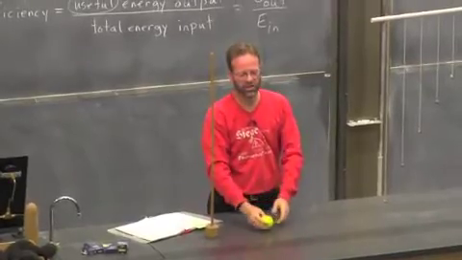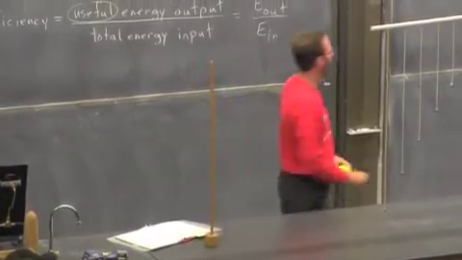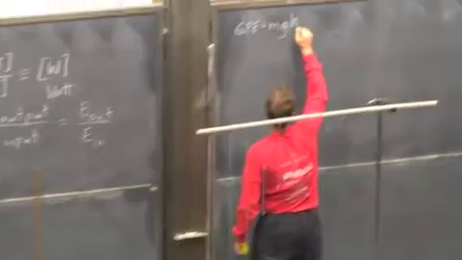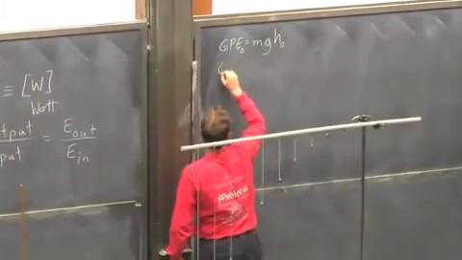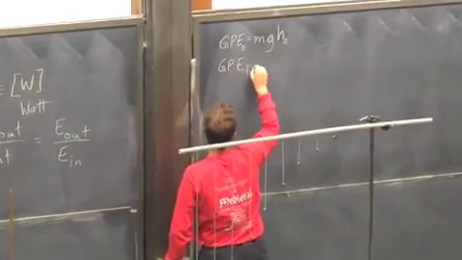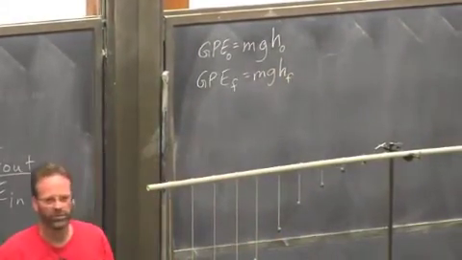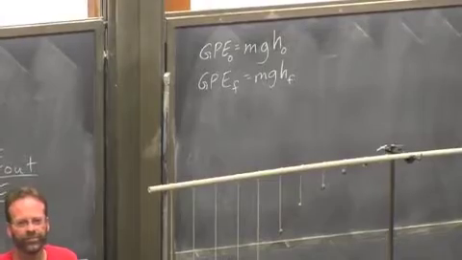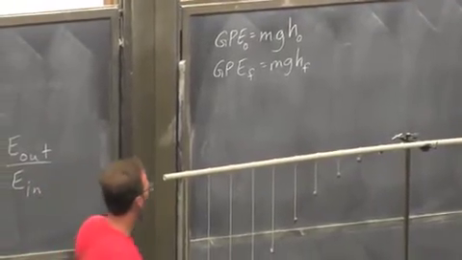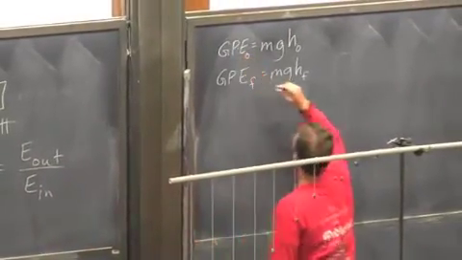So for efficiency, you would just put this mgh. Let's say this is the initial height, the initial gravitational potential, then the final would be that new height it rebounds up to. This is energy, this is energy.